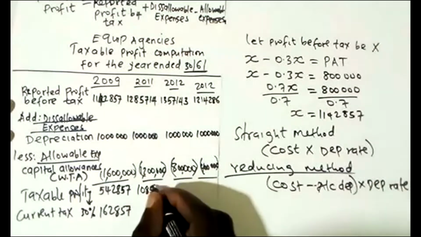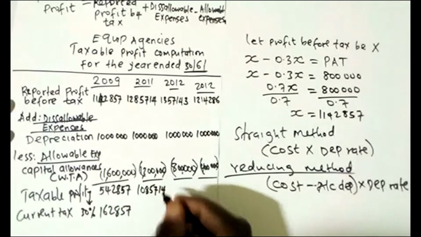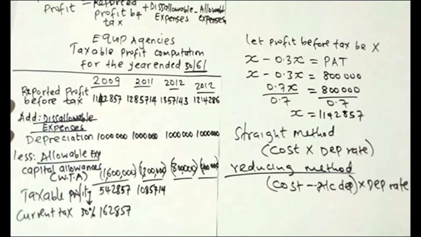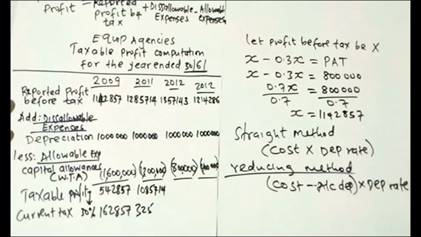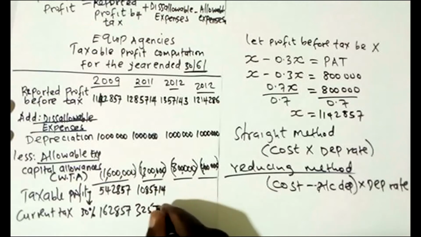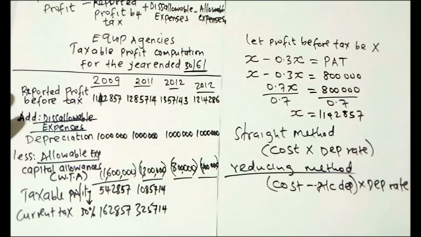So this is 1,085,714 times 30%. So this is 325,714. And the third one, 2,357,143 minus 800,000.